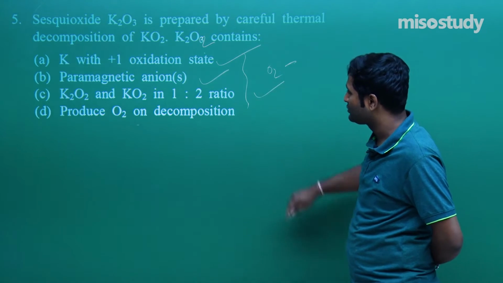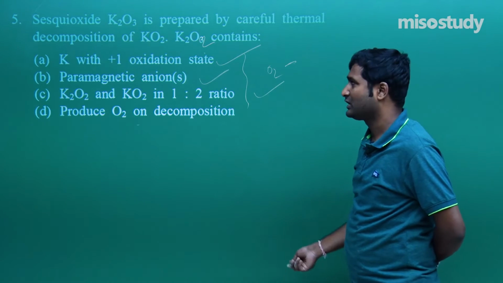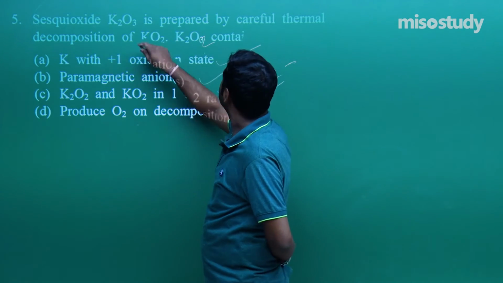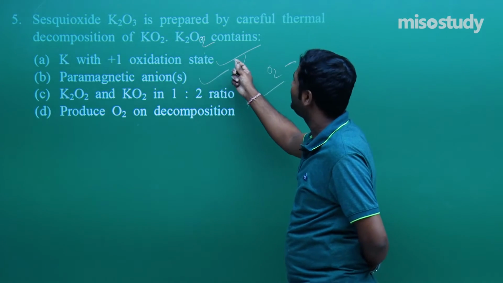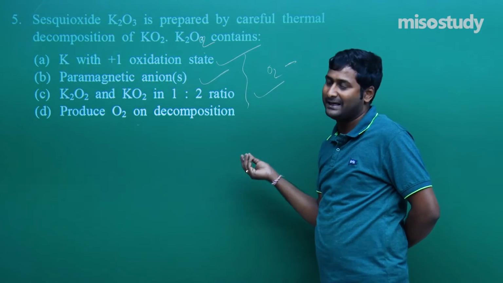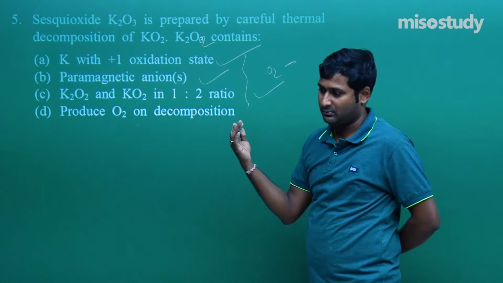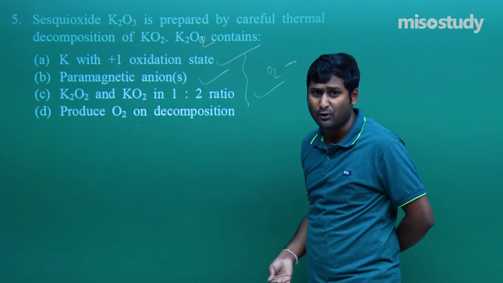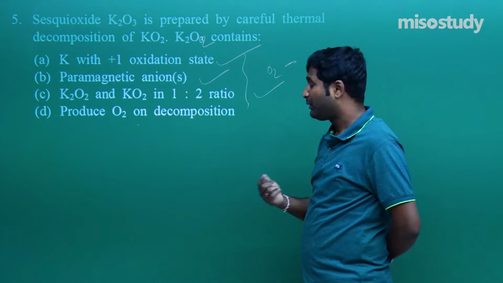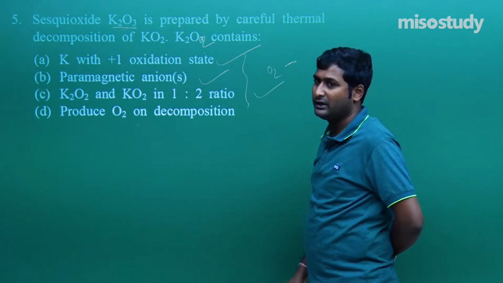Yes sir, this one is also correct, and it produces O2 on decomposition. As we know, it is a sesquioxide, so definitely after decomposition it gives you O2. That is the case for normal oxide, superoxide, peroxide, and this one is a sesquioxide. So it produces O2 on decomposition.